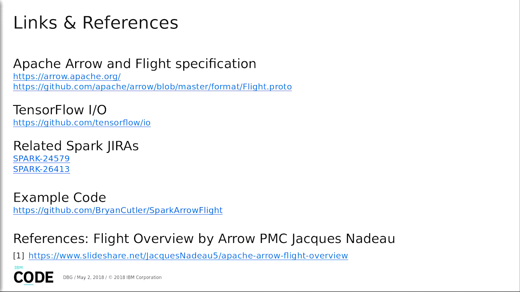Like I said, it's pip installable right now, and there's lots of other different data sets that are available for you to try out. Some of the related Spark JIRAs that cover exporting data from Spark as Arrow format. And the code we went over is available at my GitHub repository. Feel free to check it out.